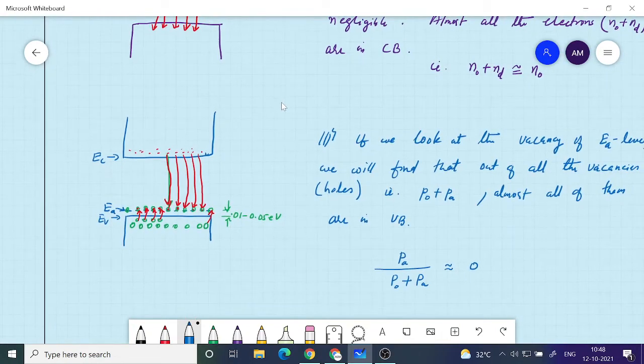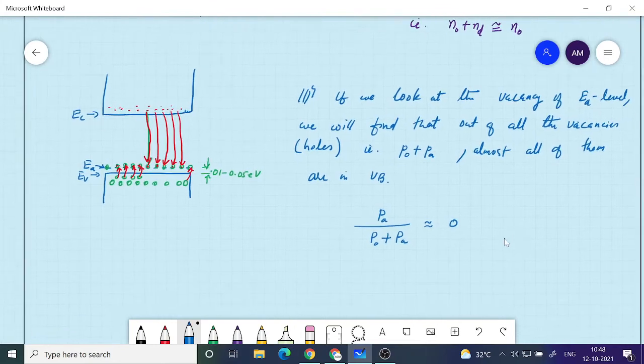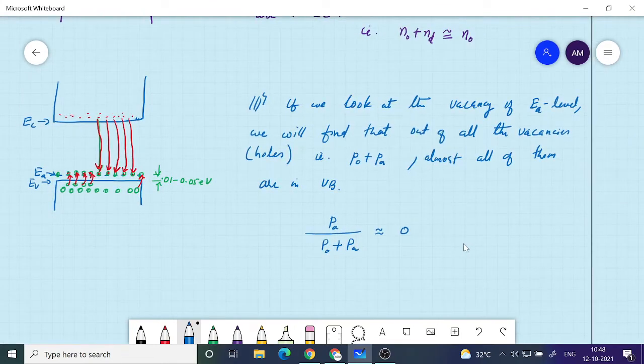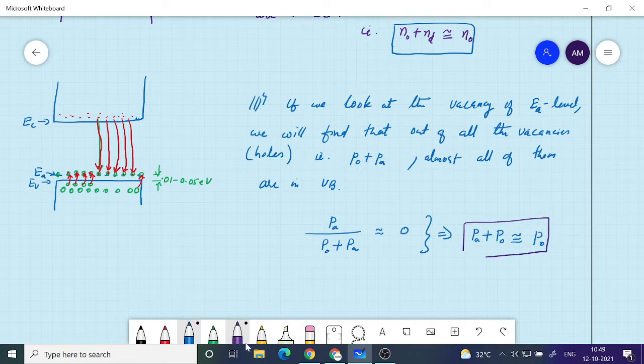Therefore, we can say that PA plus P0 is almost equal to P0. Just like I have said here, I can say this here also. They are analogous explanations.